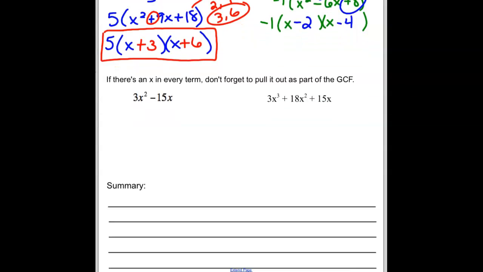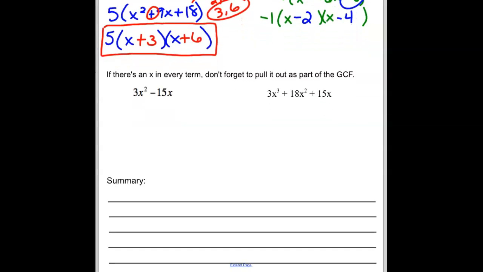All right. Our last couple, you'll notice that all of the terms contain a variable. So if that is the case, we want to pull that out as well. If there's a number that's common to both, we'd pull that out as well. So for this one, notice that 3 and 15, we could take a 3 out of both of those. An x squared and an x, the maximum number we can pull out is a single x, since this last term here, the 15x, only contained a single x.